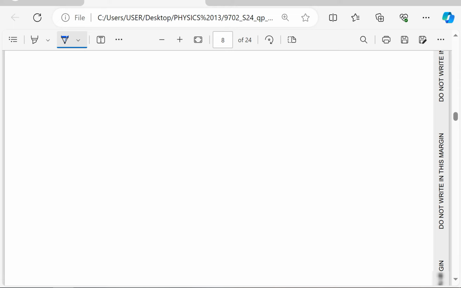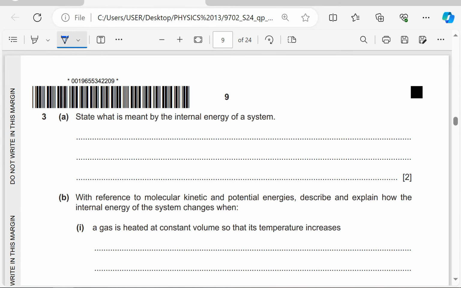Okay, state what is meant by internal energy of a system. Of course, we know what internal energy is. Internal energy is the sum of the kinetic energy plus the potential energy of all the molecules that make up the system. But remember, the molecules are always in continuous random motion.